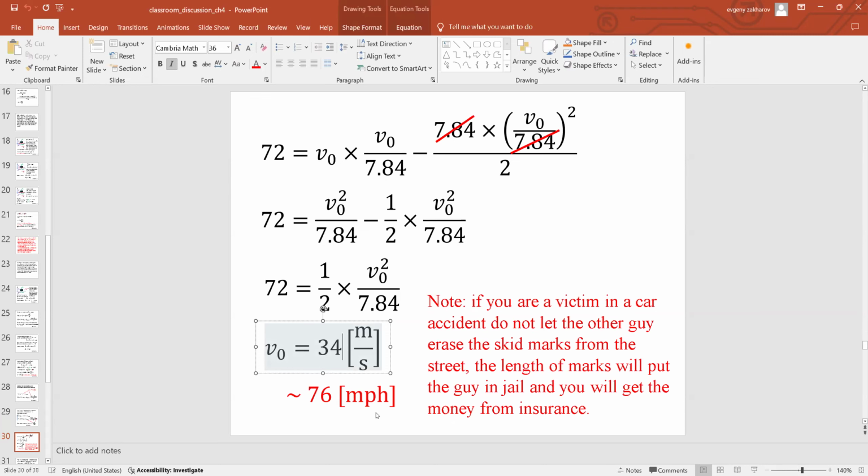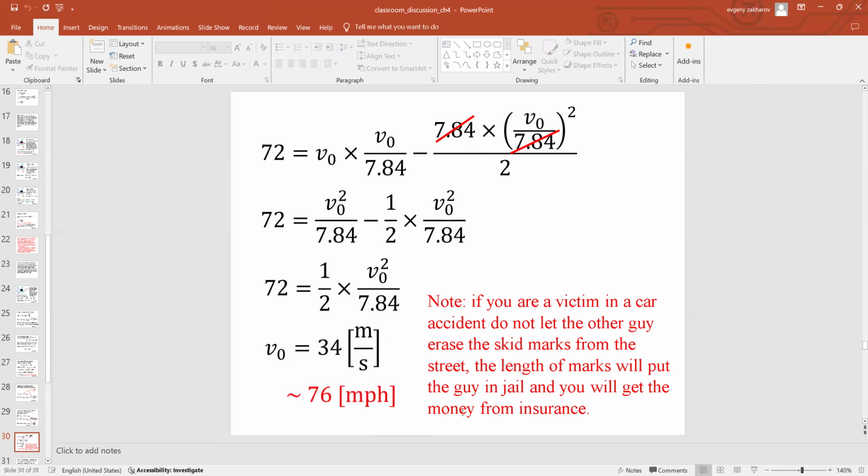Well, that's close. If the limit was 70, 75 miles per hour, then it's not really your fault. But if the limit is 45 or 50, then you go to jail, you pay the fines, you get in trouble.